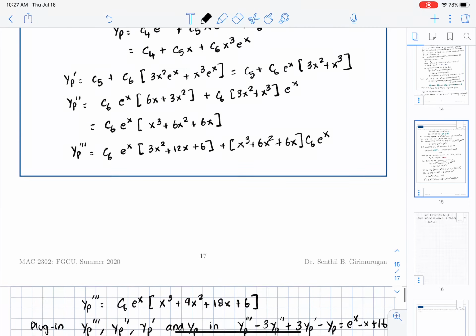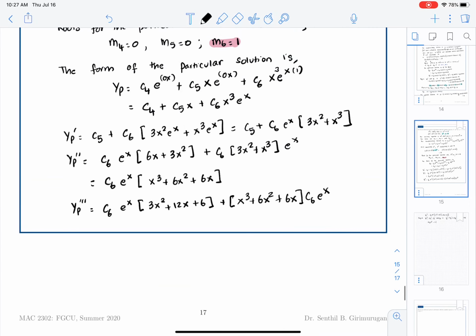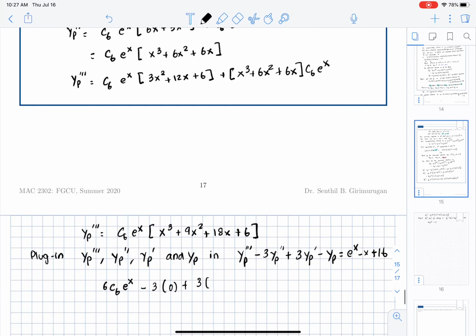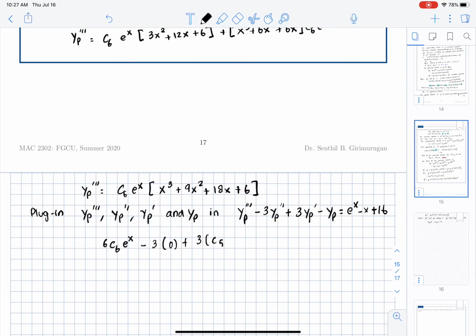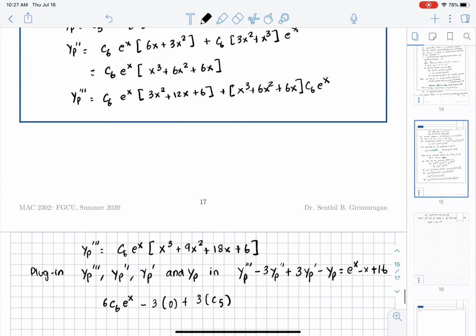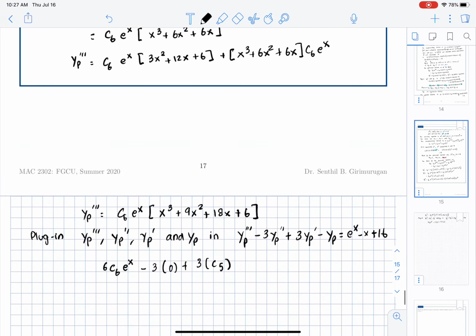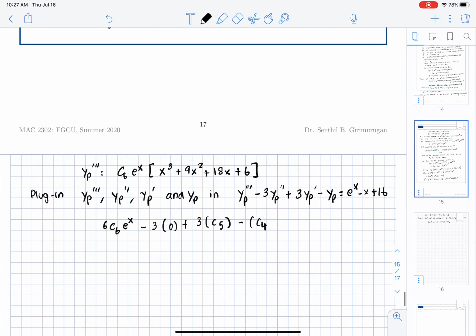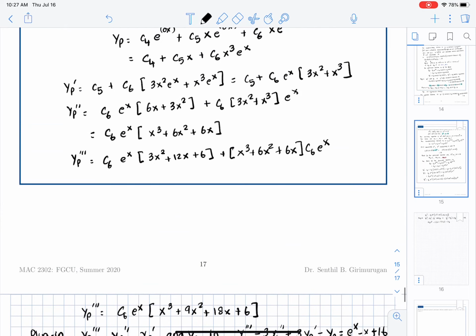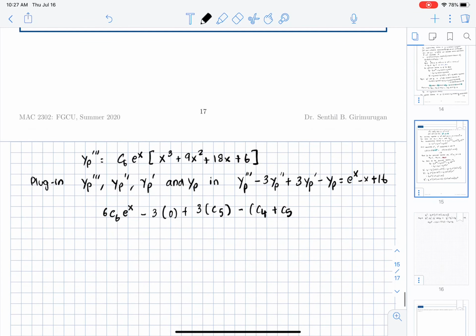First derivative, I need e raised x. I see a constant, so I've got to put that in. So c5. In yp, I have c4, I have c5 with an x term, and I have x cubed e raised x, so I don't need that. And that should equal e raised x minus x plus 16.